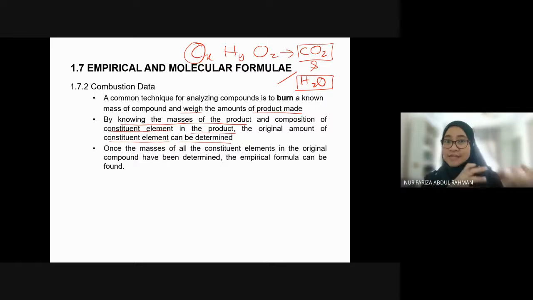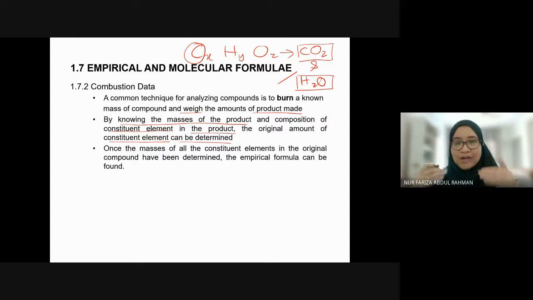Previously you were given all the information in separate form, so life was easy. You had carbon, hydrogen, oxygen with their individual masses. But this time around you are given the molecular state. So how do we extract out the individual constituents? Carbon is extracted out from the carbon dioxide. Hydrogen is extracted out from H2O.